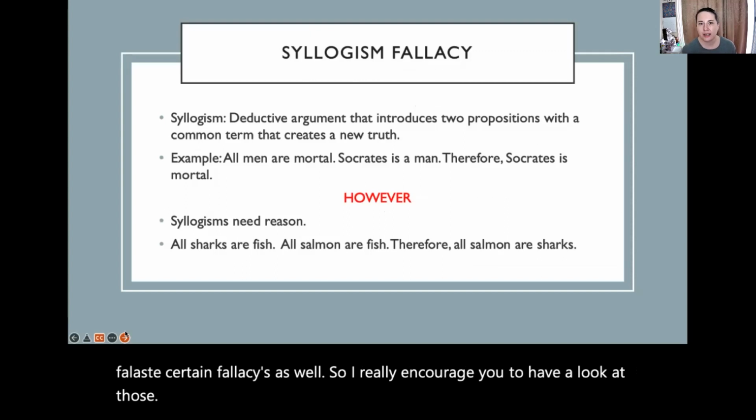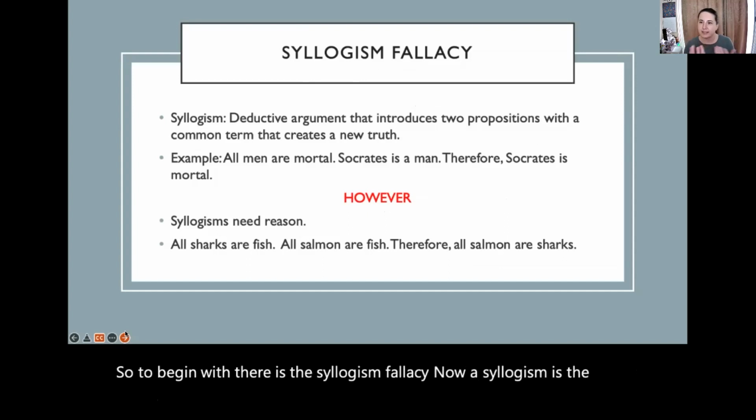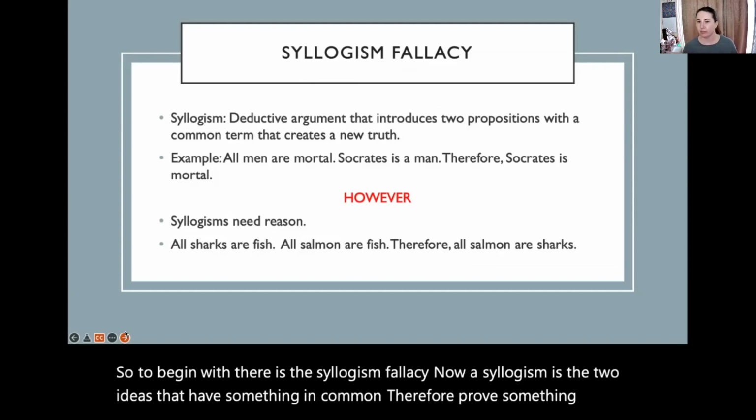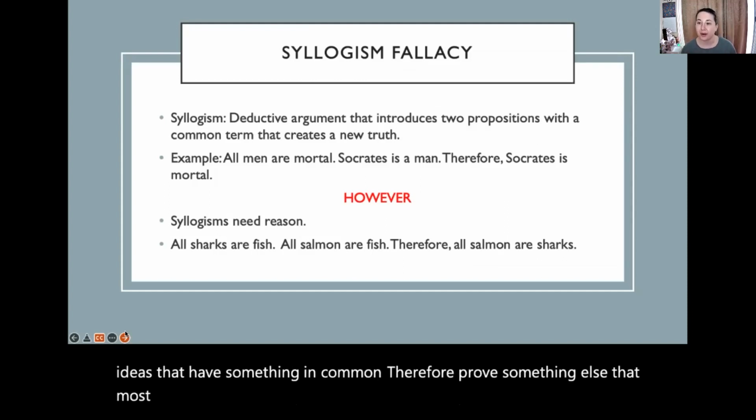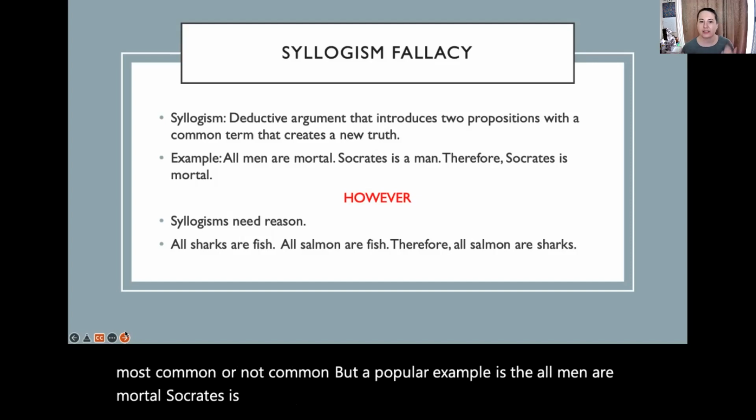Okay, so to begin with, there is the syllogism fallacy. Now, a syllogism is when two ideas that have something in common therefore prove something else. A popular example is "all men are mortal, Socrates is a man, therefore Socrates is mortal."